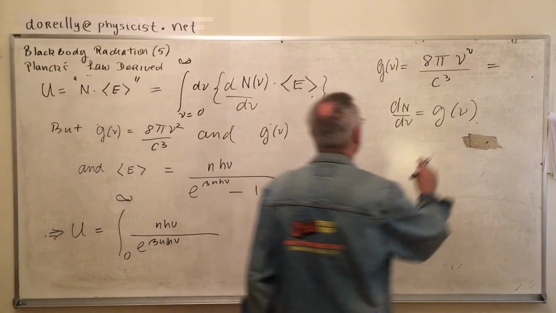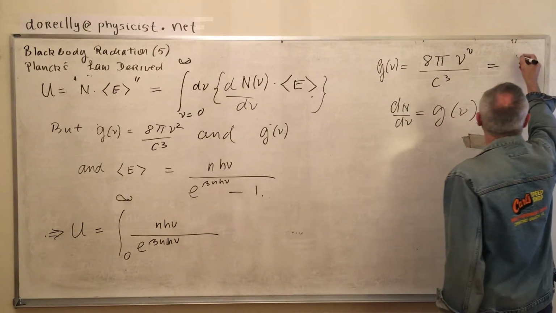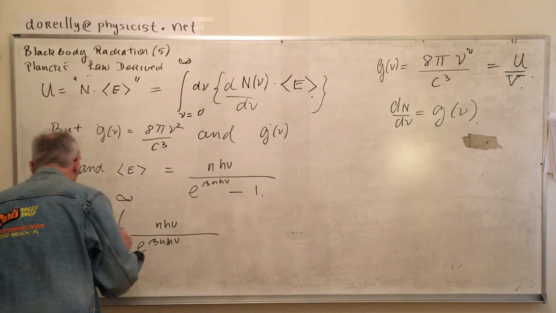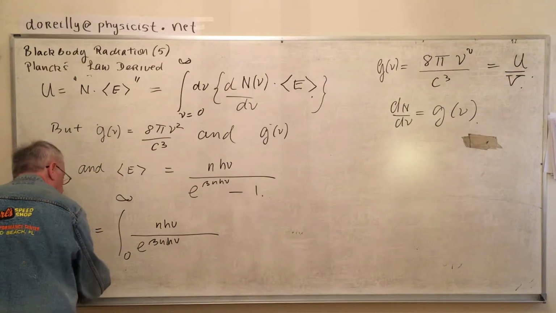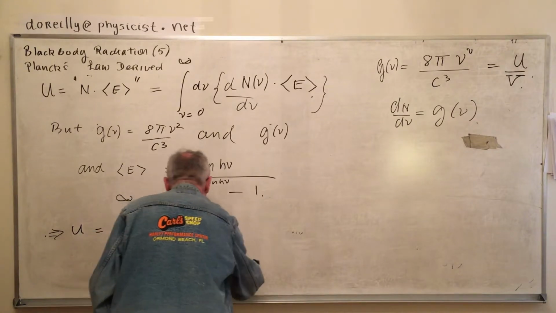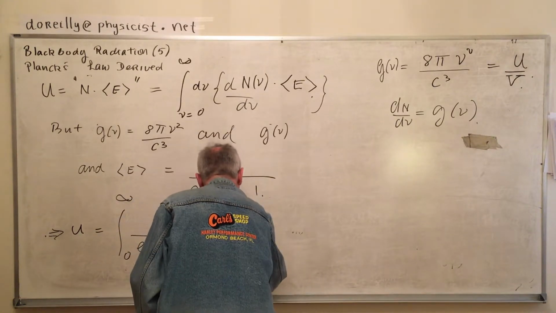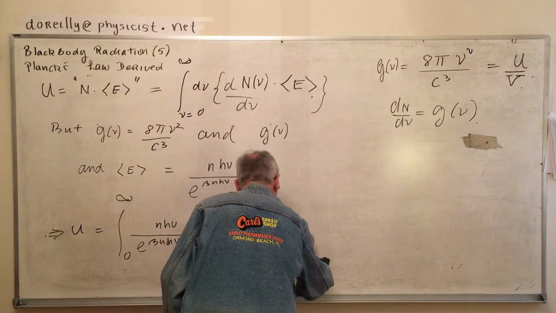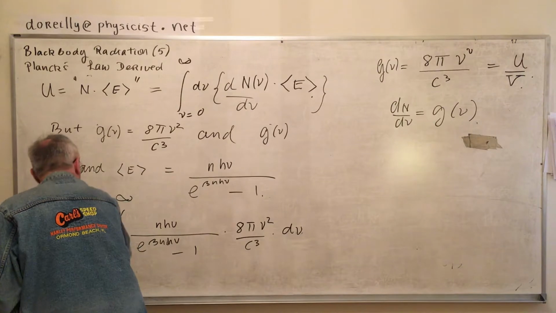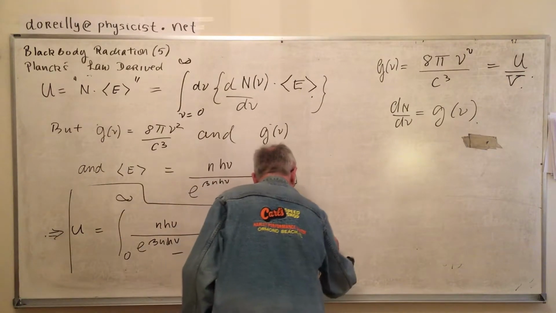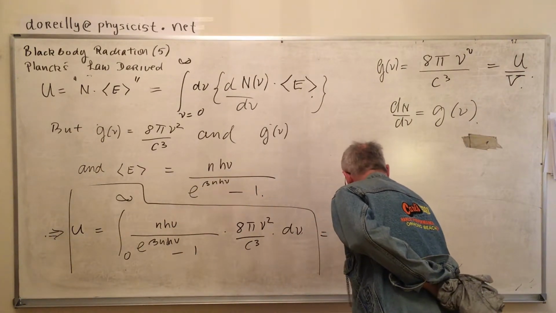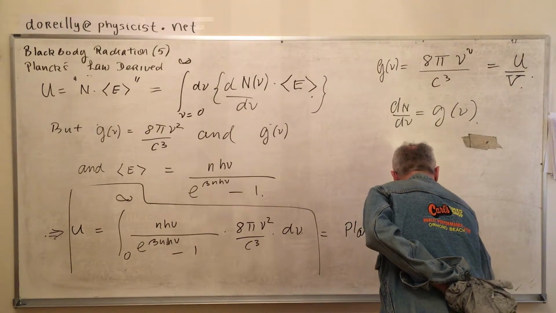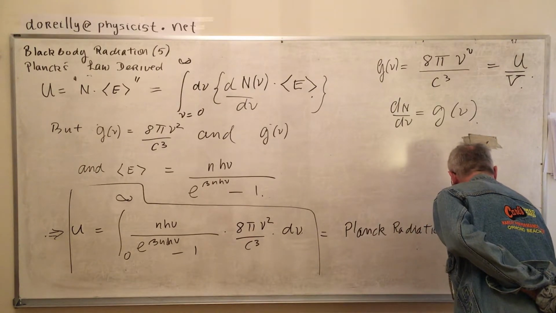Now I also think that this is u over v, yes. We divided out the volume earlier, so this is a little u. Right?